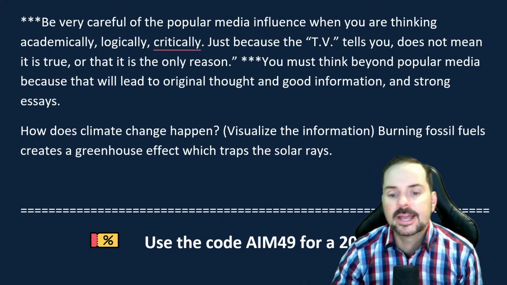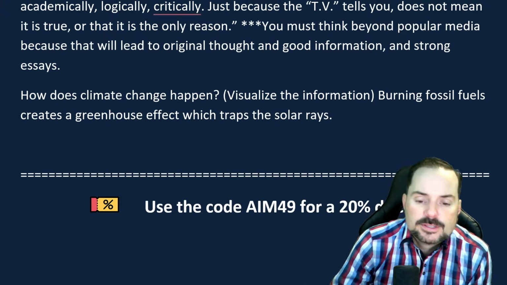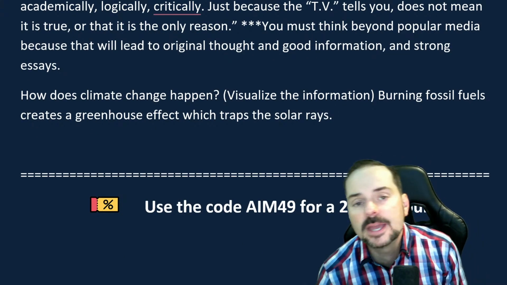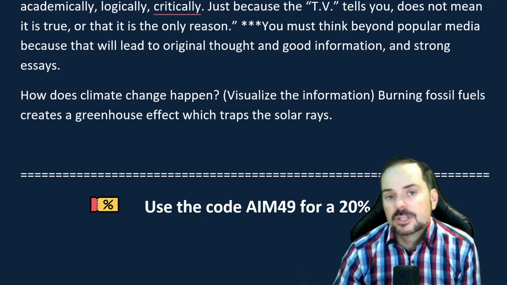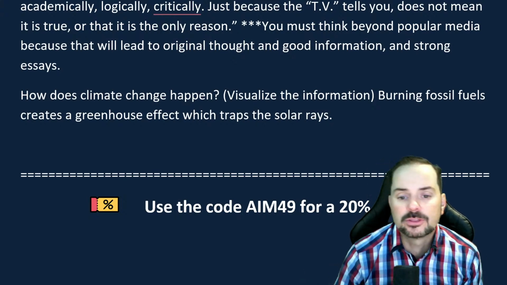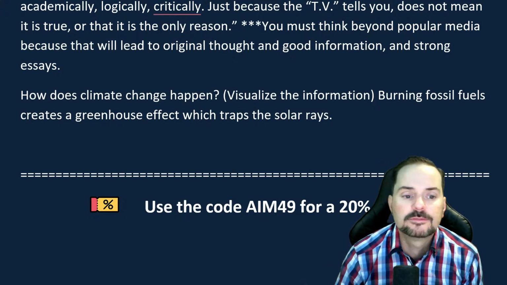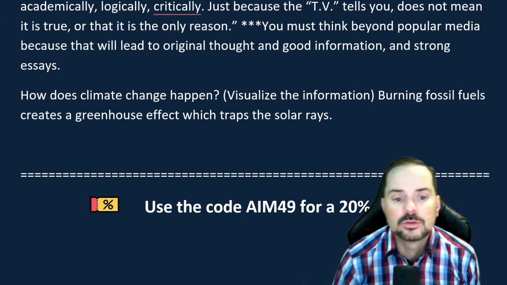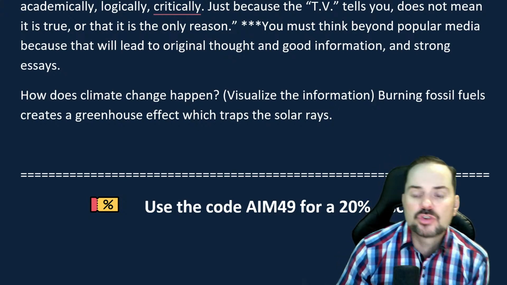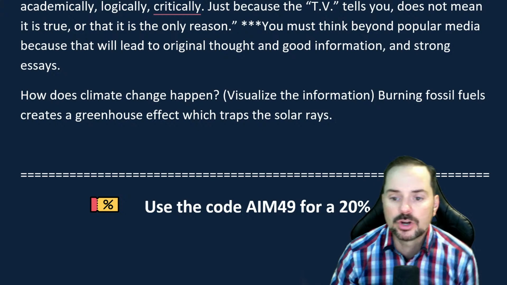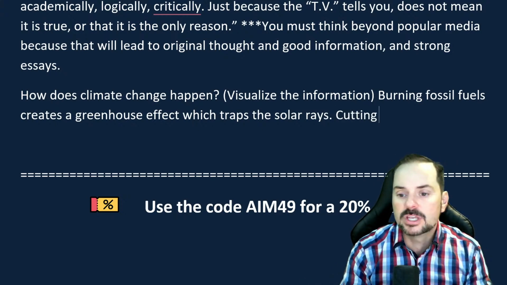If not, learn it now. If you sit the IELTS and you don't have this, it's not the end of the world. You can still write a good essay. It might just be a bit harder to get those high band scores. So burning fossil fuels, using vehicles, creates a greenhouse effect which traps solar rays. Sure. Okay.